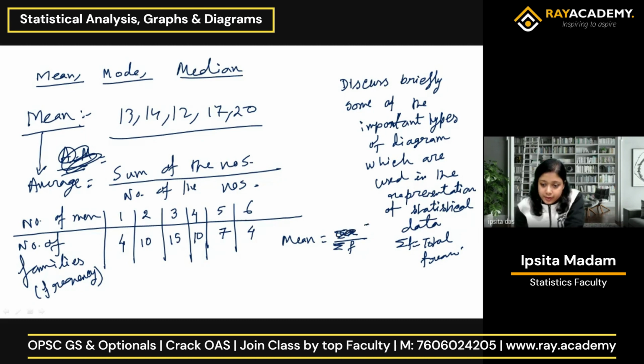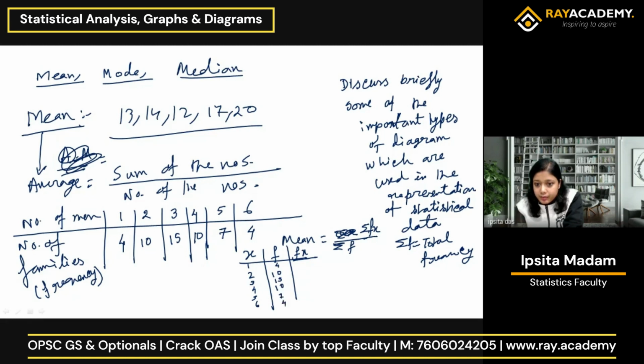Summation of fx, sorry. So you have another column for fx. This is our x, this is our f, this is our fx. x is 1, 2, 3, 4, 5, 6 and f is 4, 10, 15, 10, 7, 4.